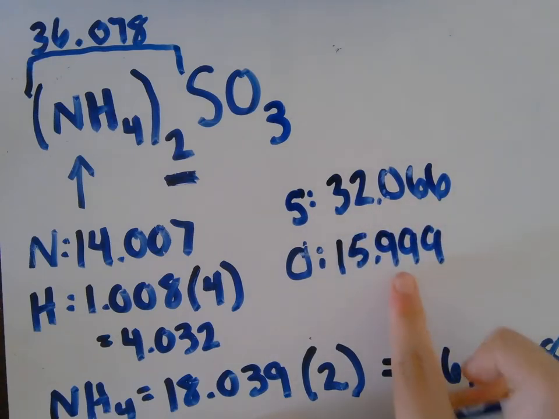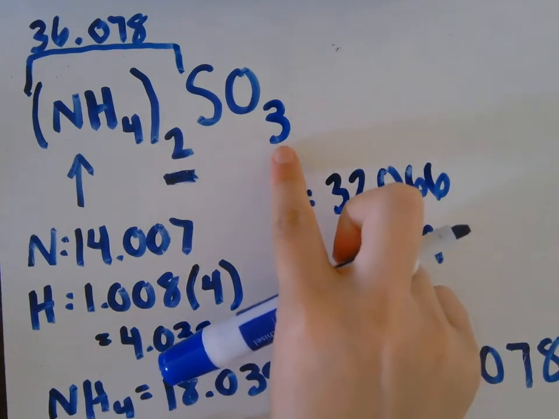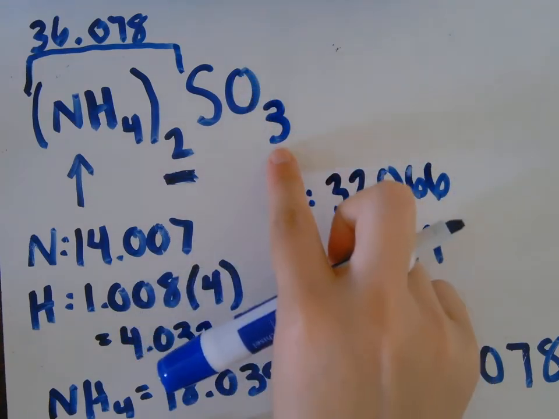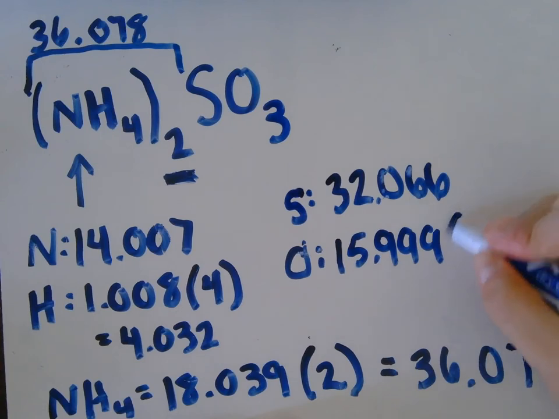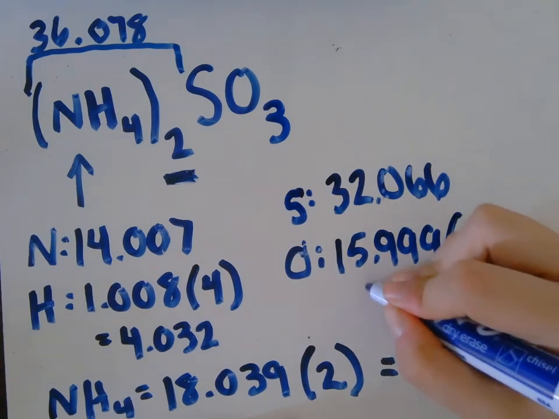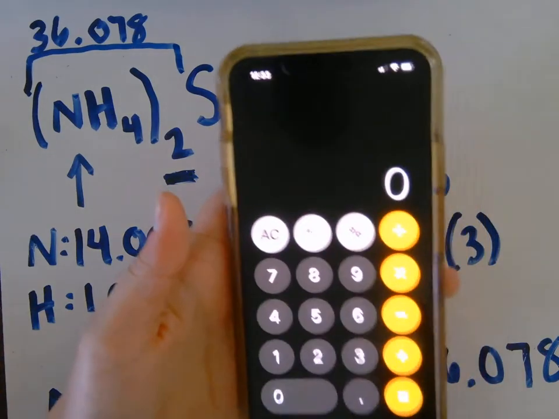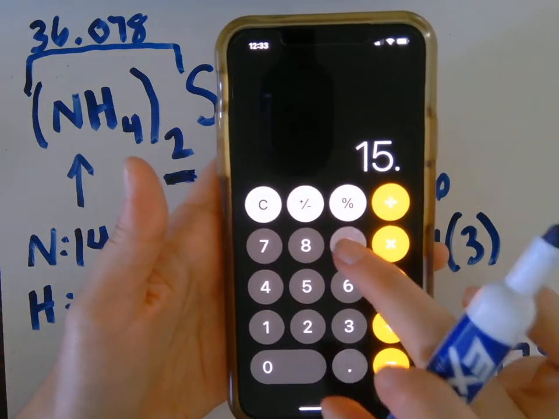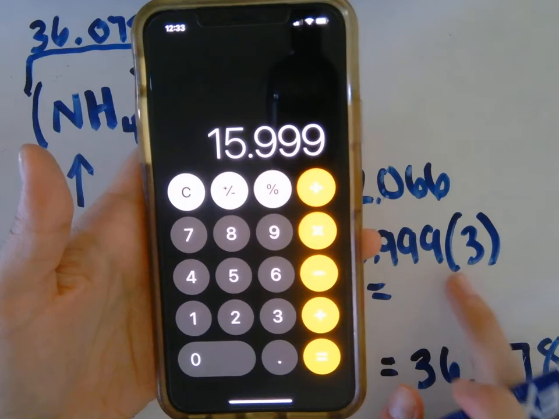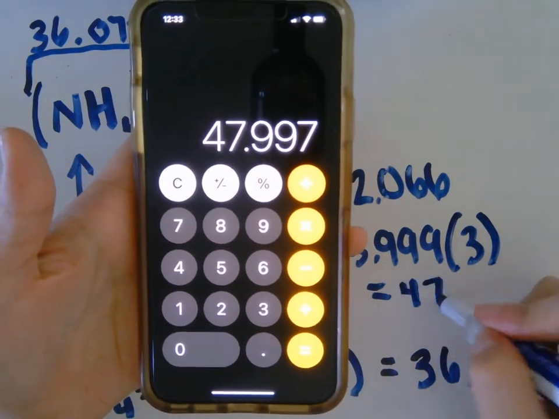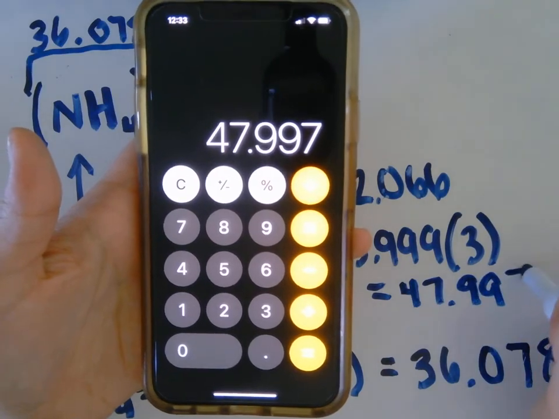However, there are 3 atoms of oxygen. There's a little 3 next to O. So there's 3 atoms of oxygen. That means I need to multiply this mass by 3. So, one more time, 15.999 times 3 is 47.997.